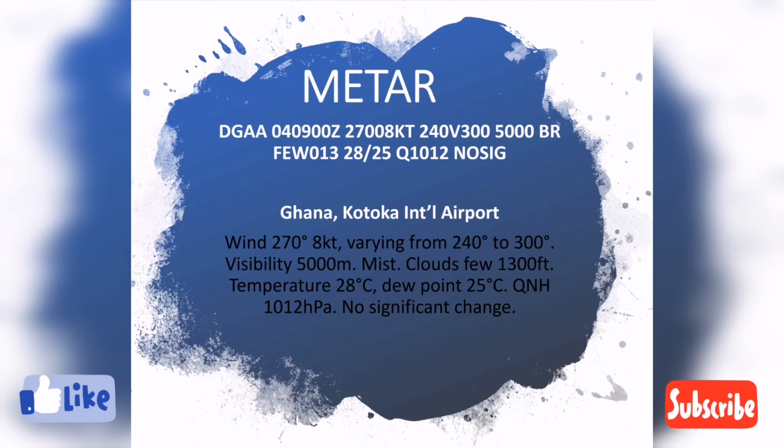So that letter V in the middle of those two basically means that the wind is varying in direction from 240 degrees to 300 degrees. And visibility is 5,000 meters in mist. So there is mist within the vicinity. Few clouds at 1,300 feet. And temperature 28, dew point 25, QNH 1012 hectopascals, and there's no significant change in the weather.